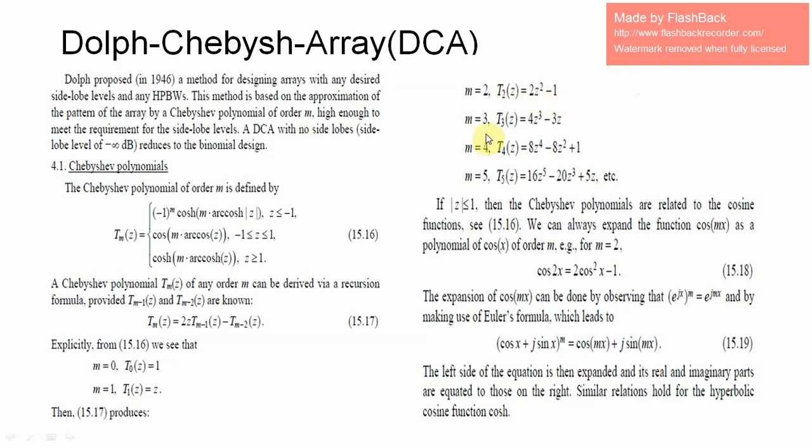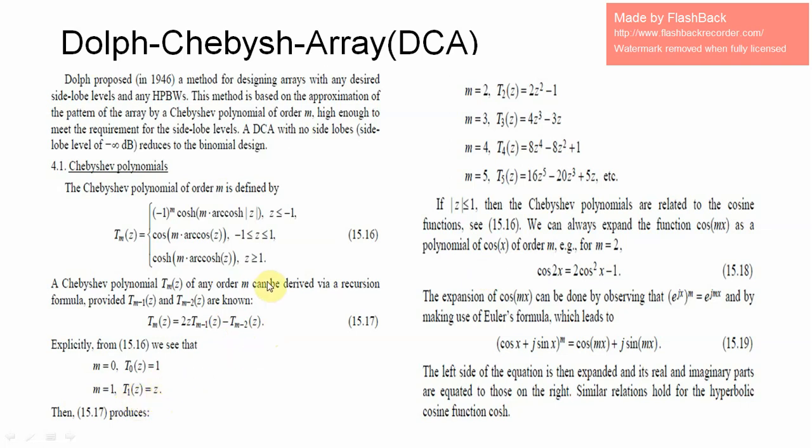Similarly, substituting m equal to 3, we get T3 of z equal to 2z T2 of z minus T1 of z, and T1 of z is equal to z.